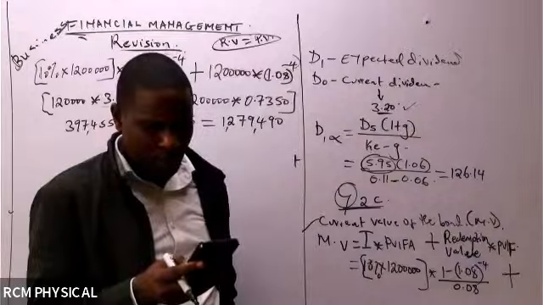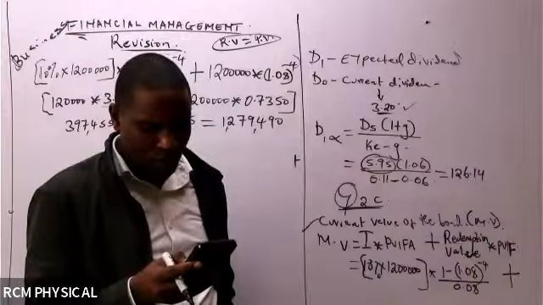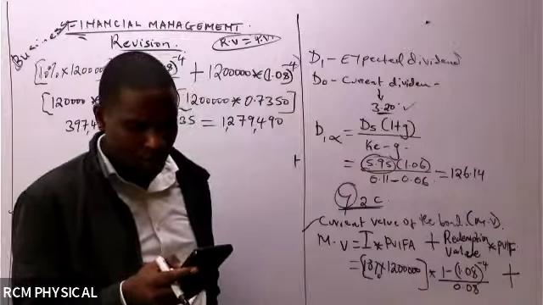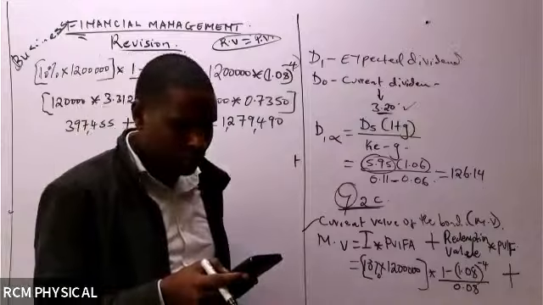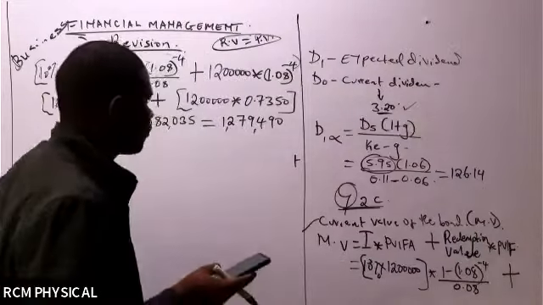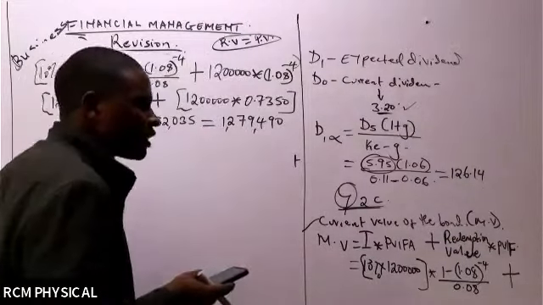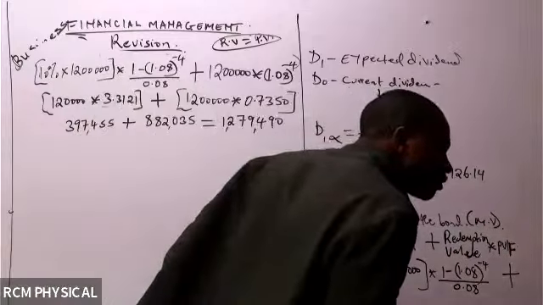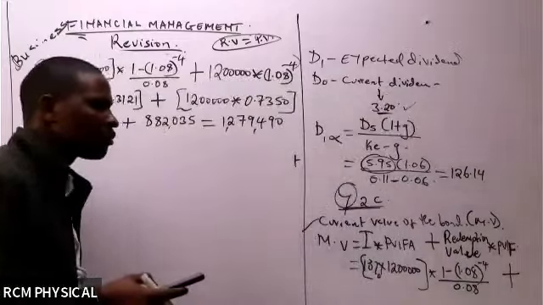It's just to get the current value of the gold. The current value is above.